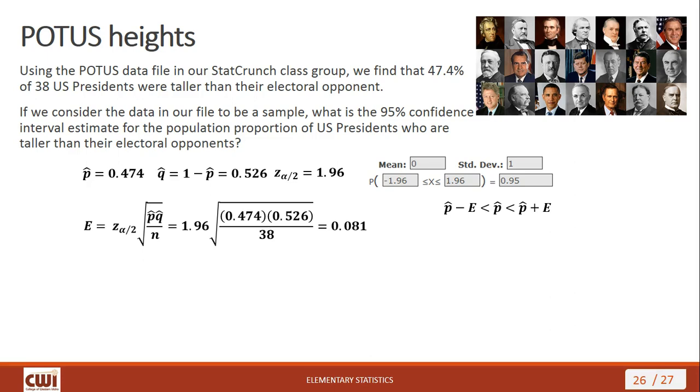So using the general form that you see here, we substitute in the values that we have, 0.474 for p hat, 0.081 for margin of error, and out comes 0.393 to 0.55. This then is our 95% confidence interval estimate for the population proportions of U.S. presidents who are taller than their electoral opponents.